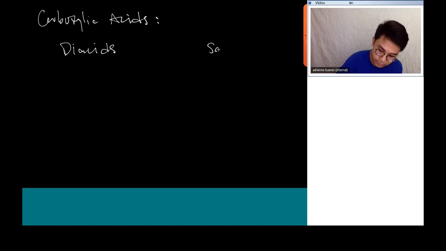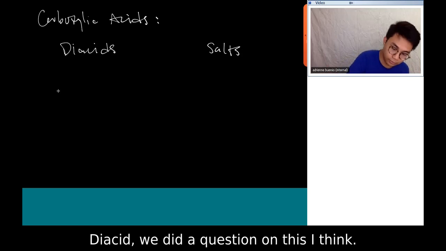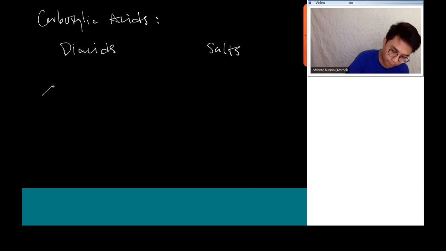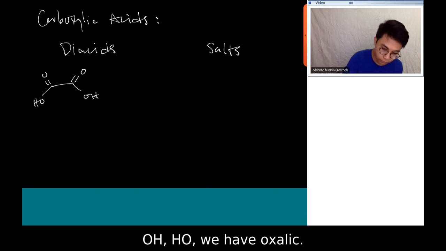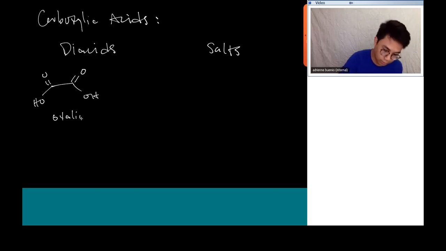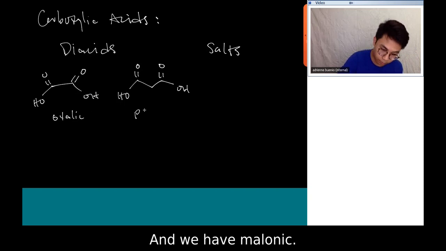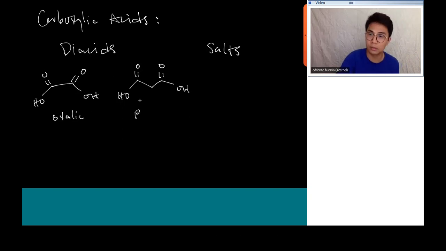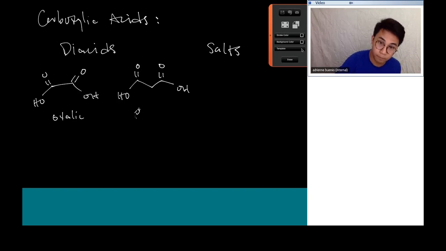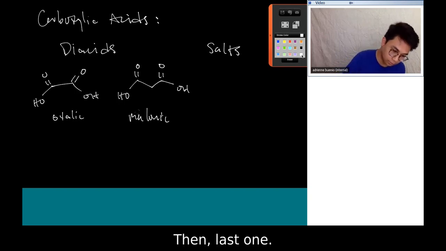We're introduced to diacids and salts, right? Diacid, we did a question on this, I think. OH, HO. We have oxalic, and we have malonic, and then the last one, succinic.